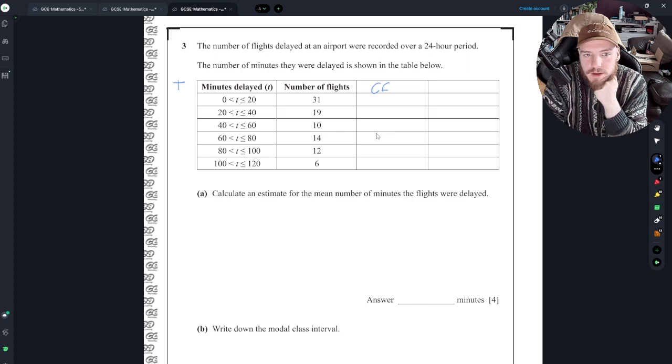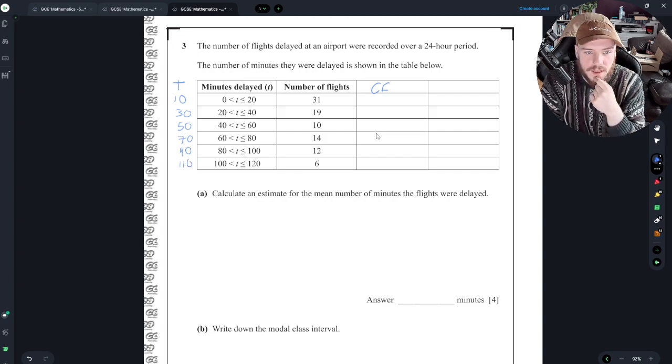Because we can't choose 0, we can't choose 20, we'll have to choose a midpoint. So I'm going to go 10, 30, 50, 70, 90, and 110. It increases by 20 each time, so our midpoint would also increase by 20 each time.